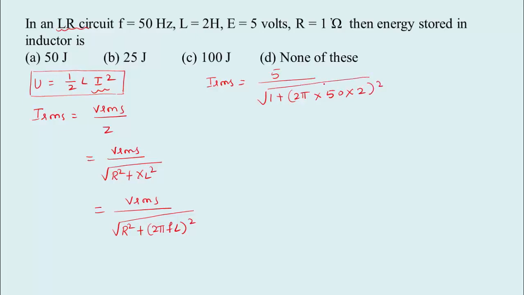So by calculating all these values, we will get I RMS equal to 0.00795 ampere. This is the I RMS value.